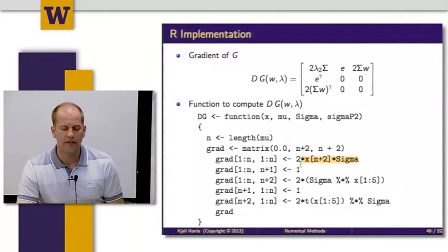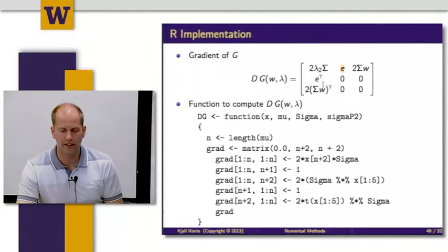Another nice feature of R is that if I assign a scalar value into a range in a vector, here I'm assigning the number 1 into rows 1 through n of column n plus 1. So that's referring to this E up here. It's just going to repeat that 1 enough times to fill up that range.